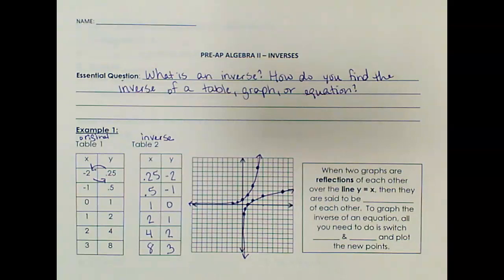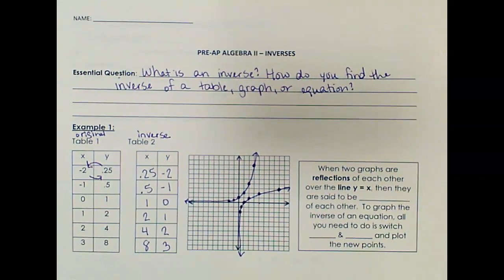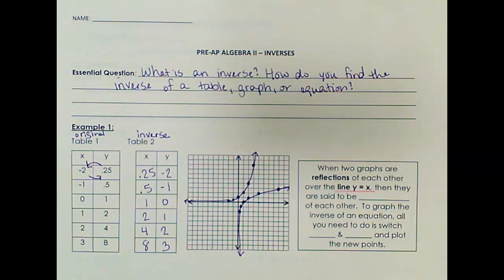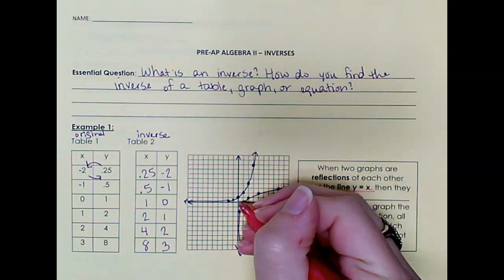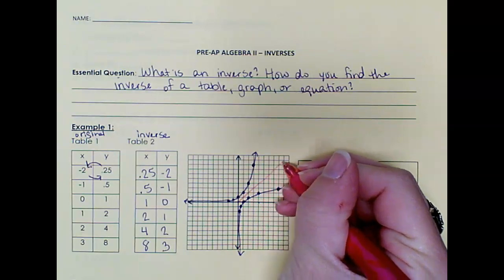I notice that these two graphs look very similar. They both have the same shaped curve. They're just kind of going in different directions. And what you'll notice is that these two graphs are reflections of each other over the line y equals x. The line y equals x is this linear parent function.